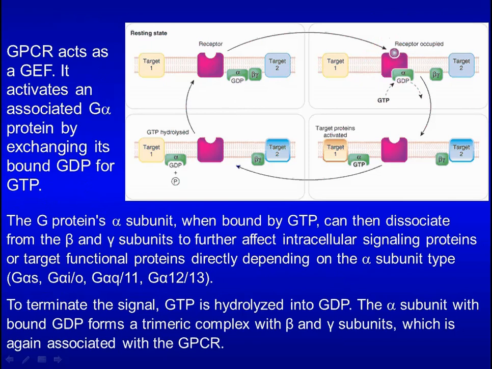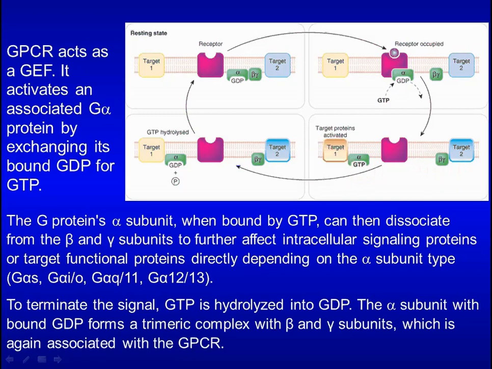The receptor activates G-alpha by exchanging its bound GDP for GTP. When bound by GTP, G-alpha can then dissociate from beta and gamma subunits to control target protein activity.